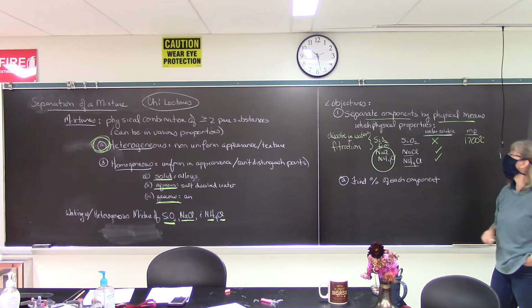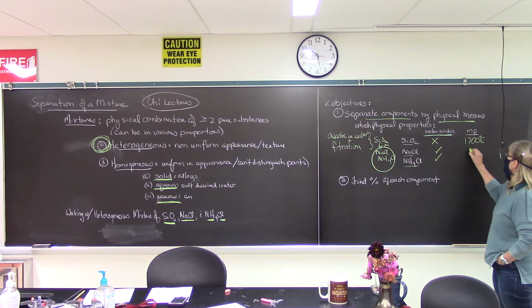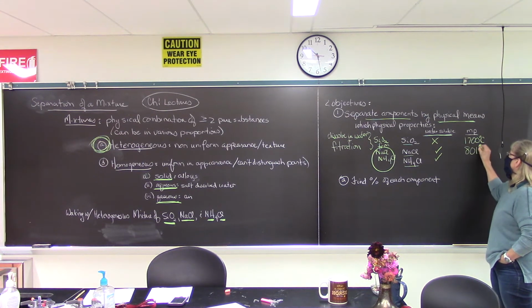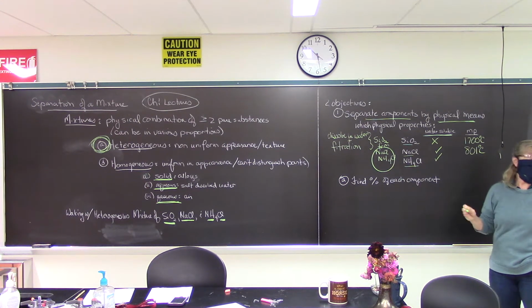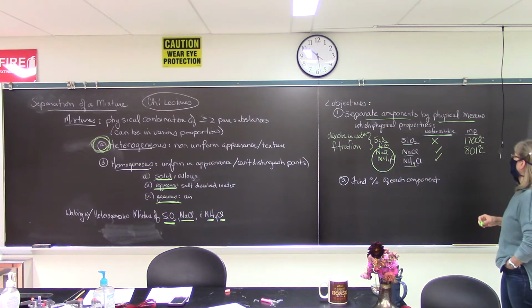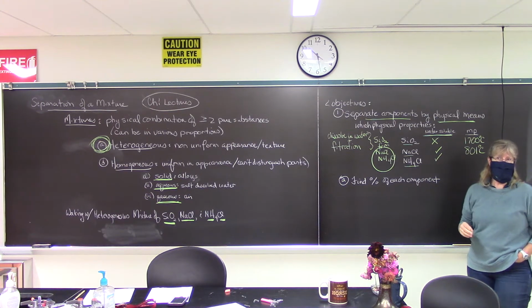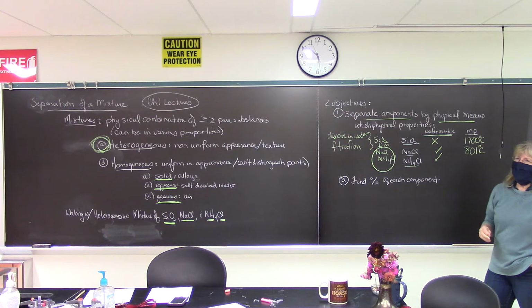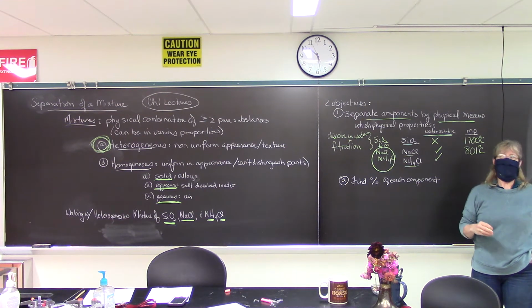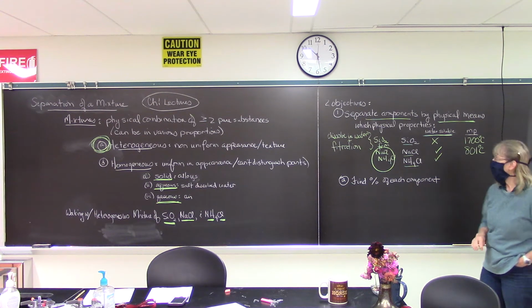Sorry, I'm not sick. The melting point of table salt is 801 degrees Celsius. We can get to that in the oven that we have in the chemistry department, but it's pretty hard to get to that using a Bunsen burner.